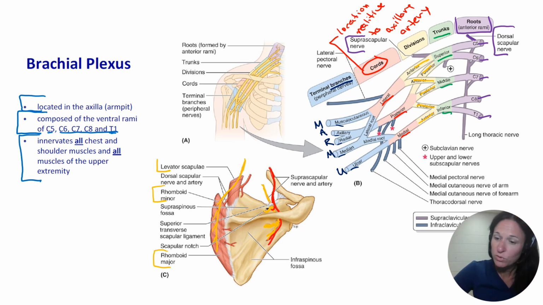Then we can also see from C5, C6, and C7 the formation of the long thoracic nerve. And recall that the long thoracic nerve innervates serratus anterior.